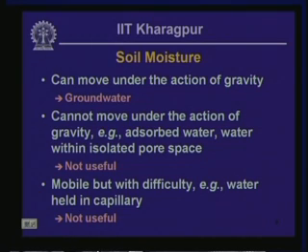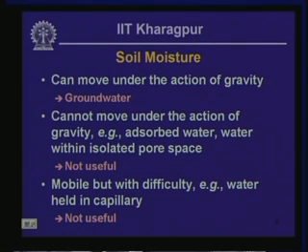In order to formalize the concept, we have got this list. What is soil moisture then? Soil moisture is that portion of groundwater which exists within the pore space of soil or rock, which can move under the action of gravity.